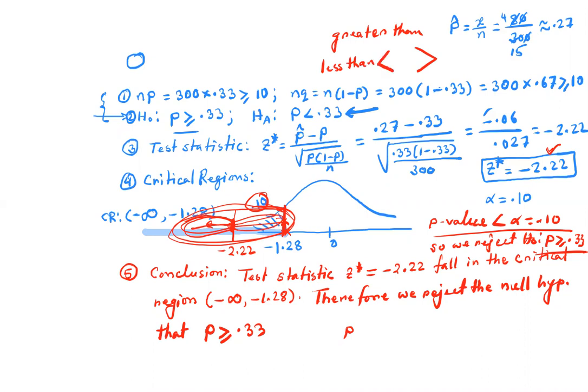And if it says not equal to, then you're going to be doing both tails. When you're doing both tails, you have to take alpha, the significance level, and divide it by 2. But for greater than and less than, you leave the alpha as it is.